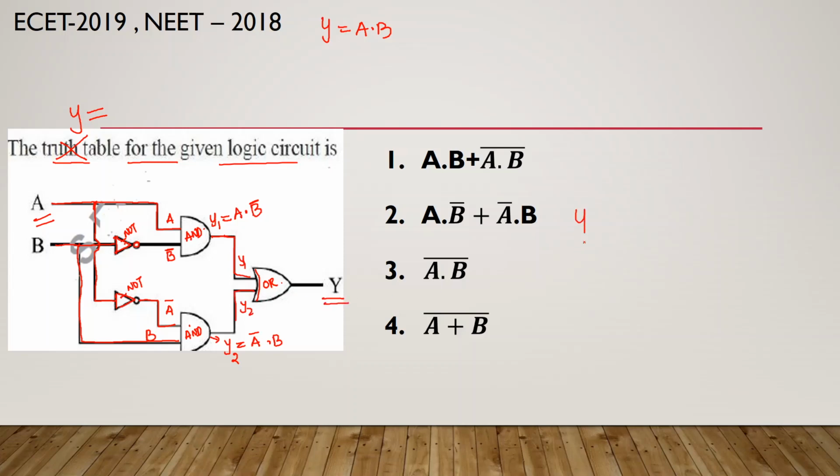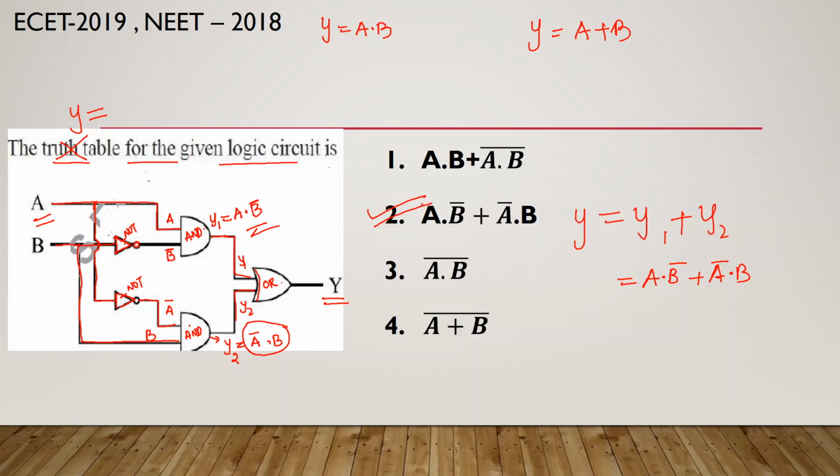This is an OR gate. What is the logical operation for an OR gate? It is nothing but addition, A plus B. So here I can add Y1 plus Y2. What is the Y1 I got? I got A dot B bar. What is the Y2 I got? I got A bar dot B. So which one is the right answer? Option 2 is right.